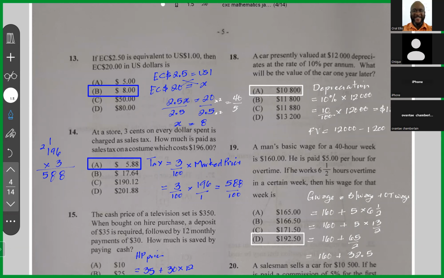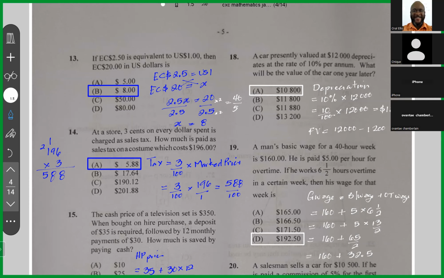All that is simply saying this car is going to lose 10% of its value every year. So whatever is the value at the start of the year, the value at the end of the year is going to be 10% less. So we're asked, what will be the value of the car 1 year later?